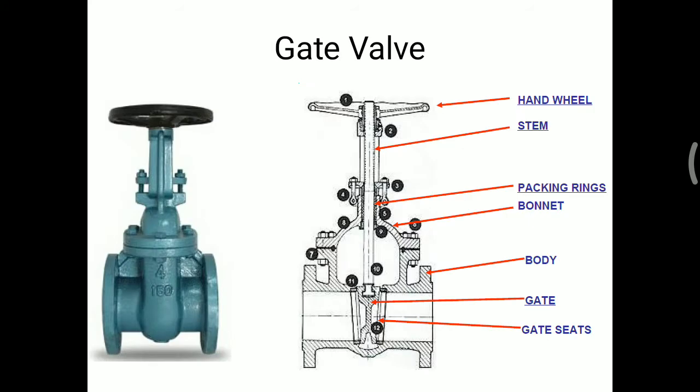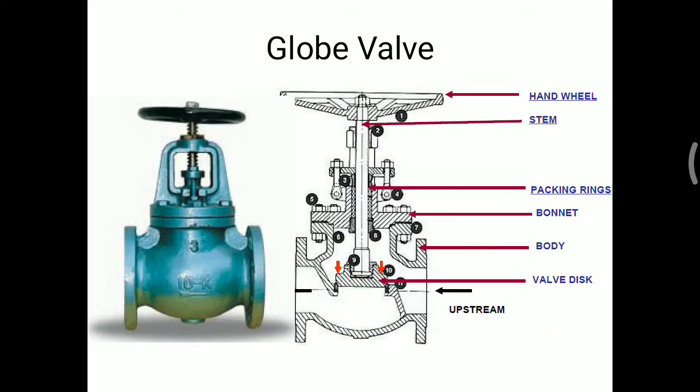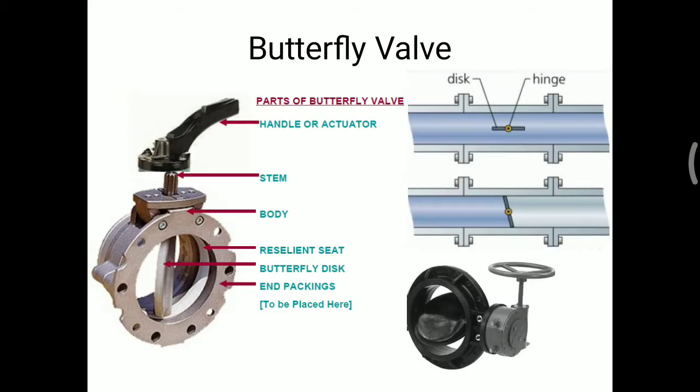Gate valve has the stem that moves linearly, hence the linear motion of the stem. Globe valve also has the linear motion of the stem. Butterfly valve is a rotary type of motion. So these valves are to be controlled remotely, hence the term control valve is introduced.